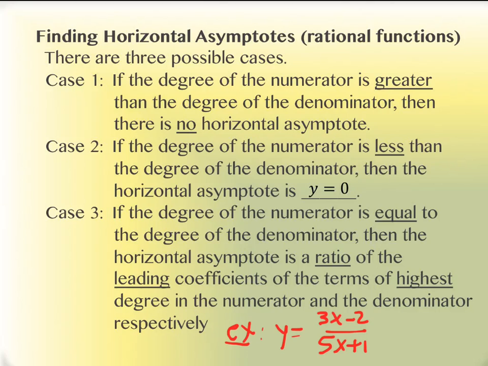The degree on the top and bottom are the same because those exponents match. They both have an exponent of 1. So then the horizontal asymptote is actually a ratio of the coefficients of those highest degree terms. So it'd be 3/5 here. It's so much easier to do it than it is to write out how to do this particular one.